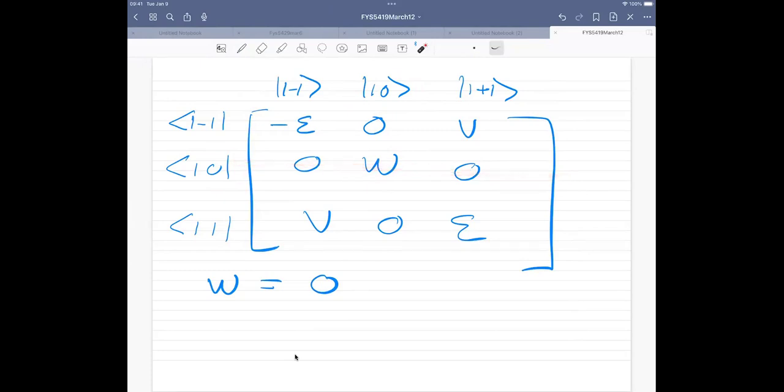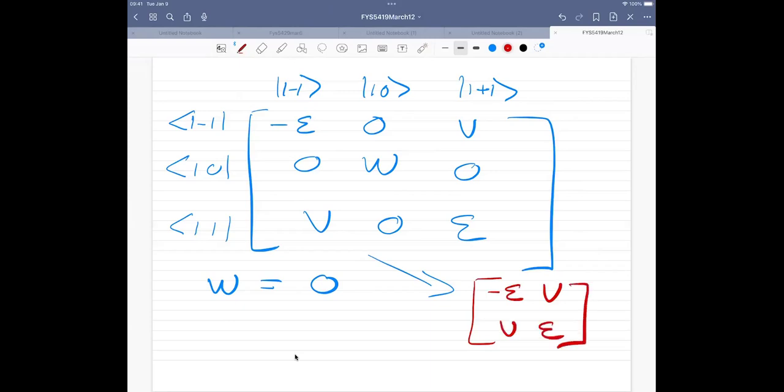This means that the only states we are interested in are actually these states, because you see now 1 minus 1 to 0 is 0, 1, 1 to 0 is 0. So if we do that, then this matrix which we have simply collapses into minus epsilon, V, V, epsilon. And this is something which we can then rewrite as a 1-qubit problem.